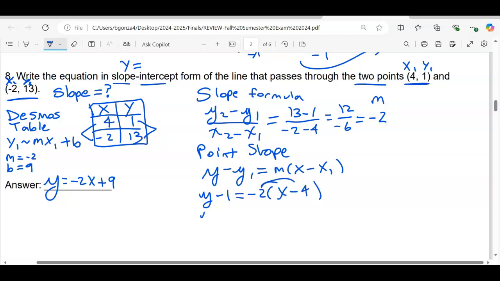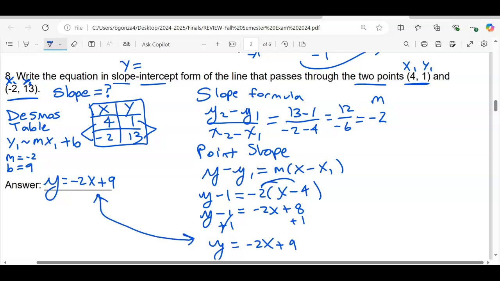Distribute that -2. You get -2x plus 8. Last step to get rid of this -1, you add a 1 to both sides, and you get y equals -2x plus 9. All right? No matter how you do it, by hand or by Desmos, you can get the answer. All right, let's keep going.